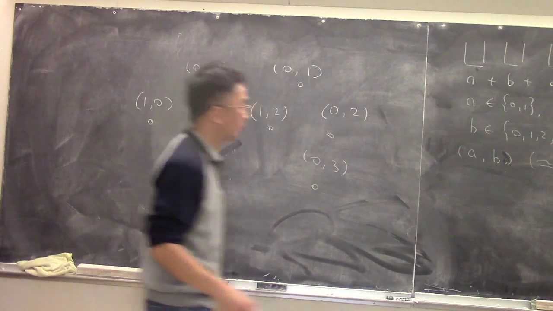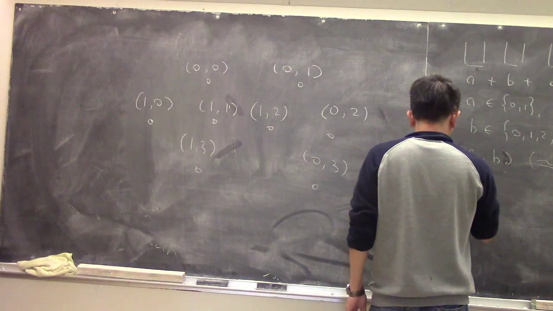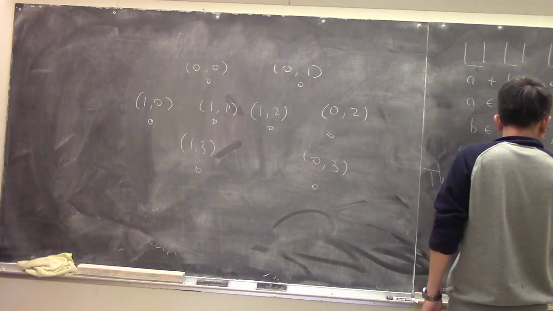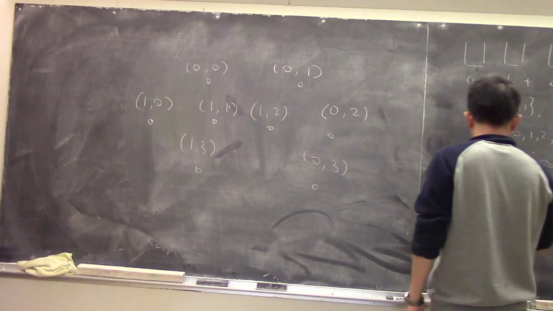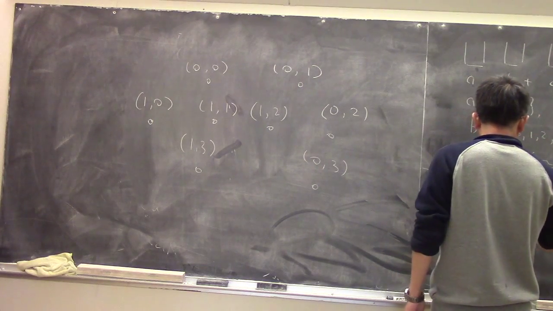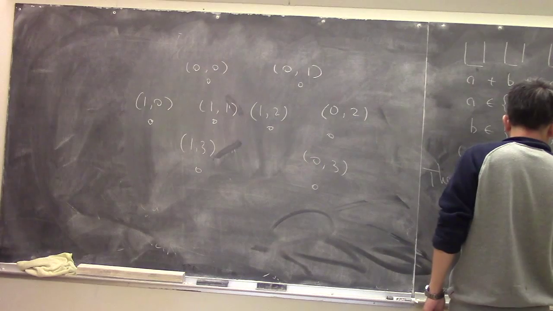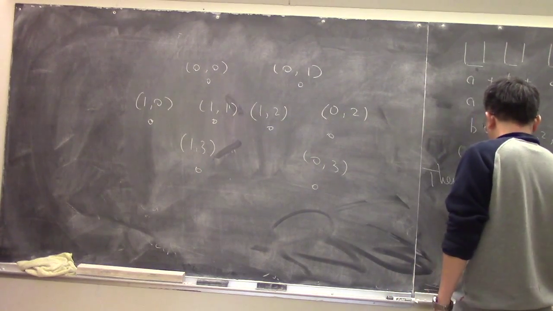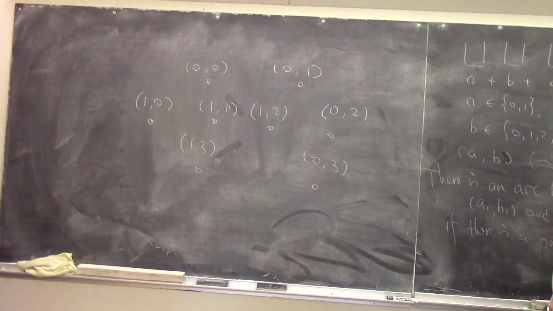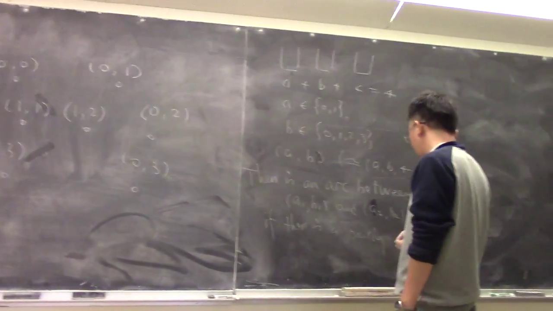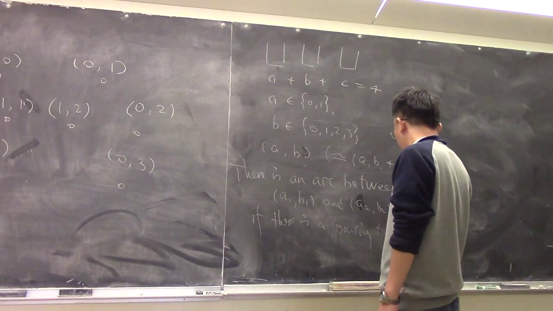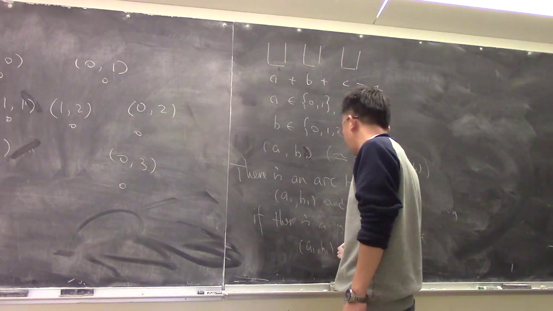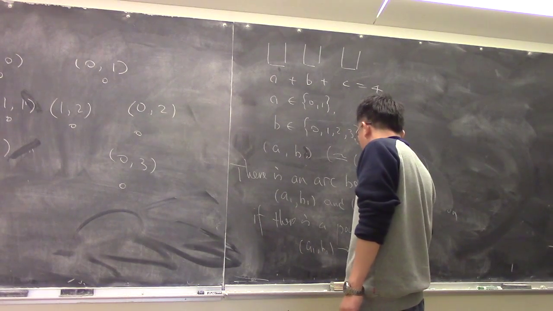So there's an arc between A1, B1 and A2, B2 if there's a pouring to change A1, B1 to A2, B2.